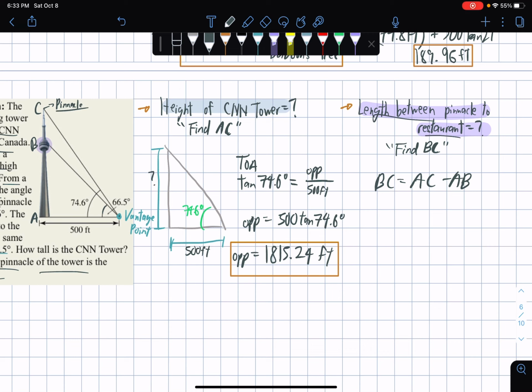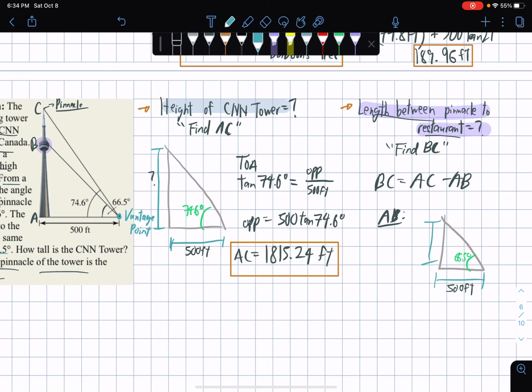So for BC, actually no. This opposite right here is AC, right? So this value is already given. We have to solve for AB. So in that sense, we have a triangle here with an angle of elevation of 66.5 degrees. The same length at the bottom, which is 500 feet.